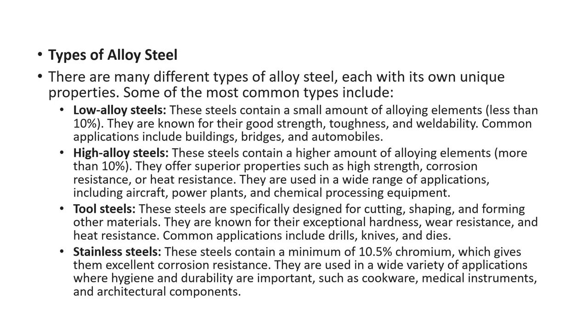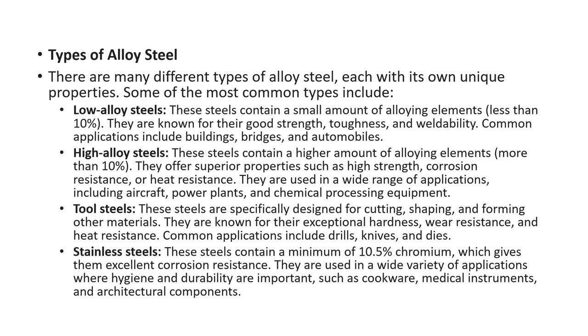Stainless steel. These steels contain a minimum of 10.5% chromium, which gives them excellent corrosion resistance. We normally use stainless steel because of its corrosion resistance, and this is increased because of the addition of chromium. So in a stainless steel, the chromium percentage is near about 10.5%.